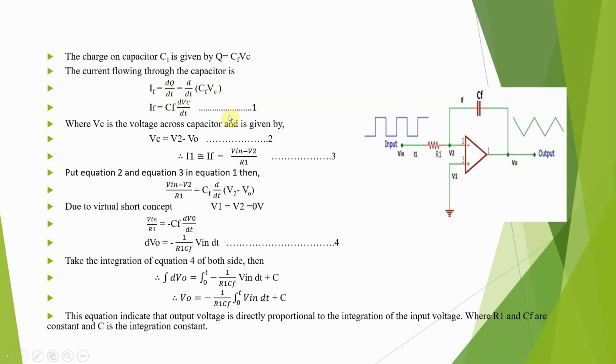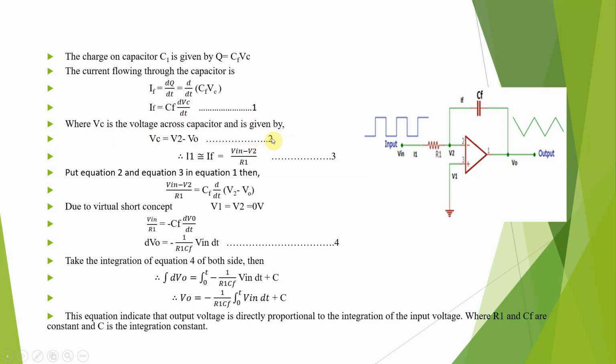This is equation number 1, the current flowing through the capacitor, that is IF, CF dVc by dt. Where Vc is the voltage across the capacitor and is given by V2 minus V0. This is equation number 2.